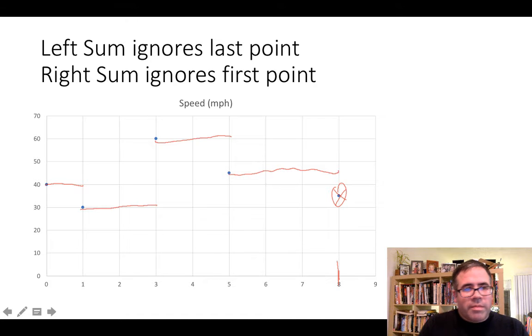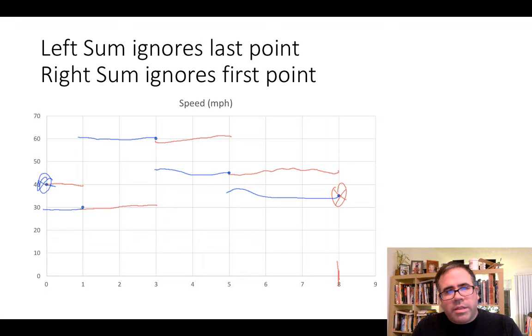And then if we do the right sum, going from the right, drawing these rectangles, the right sum completely ignores the first point. It's not at all used. So the question might be, what can we do about that? And the answer is pretty straightforward.